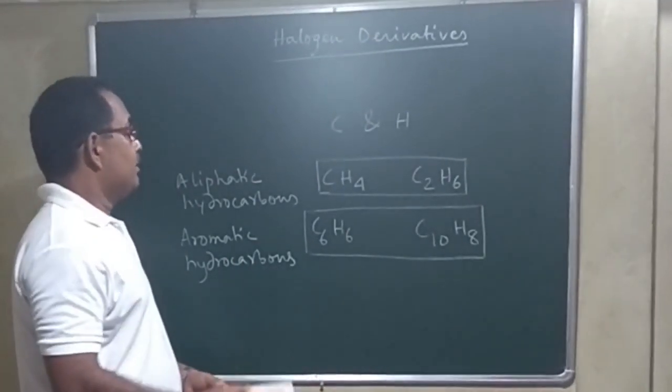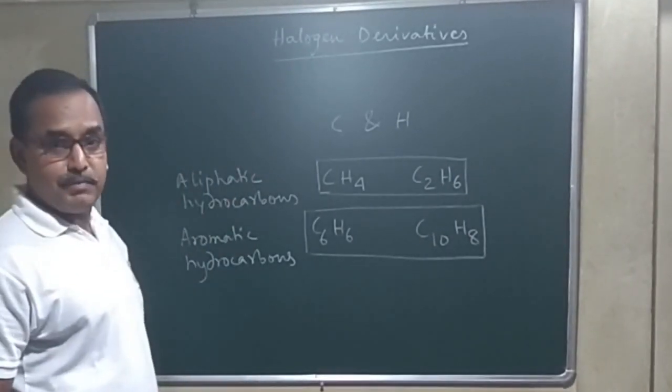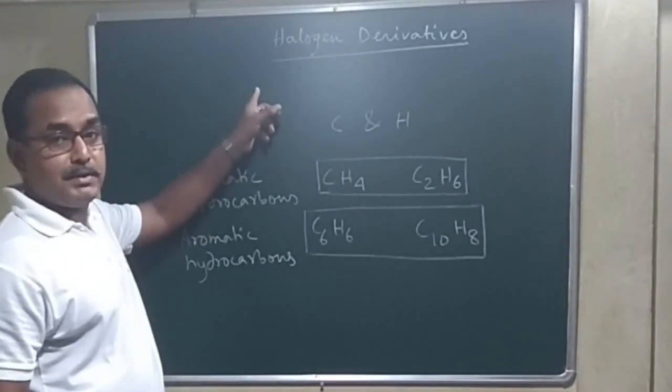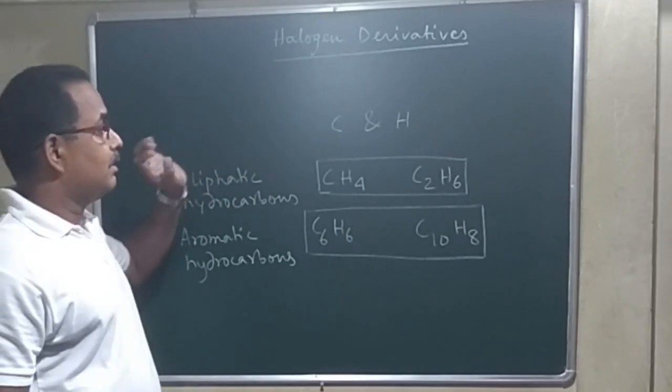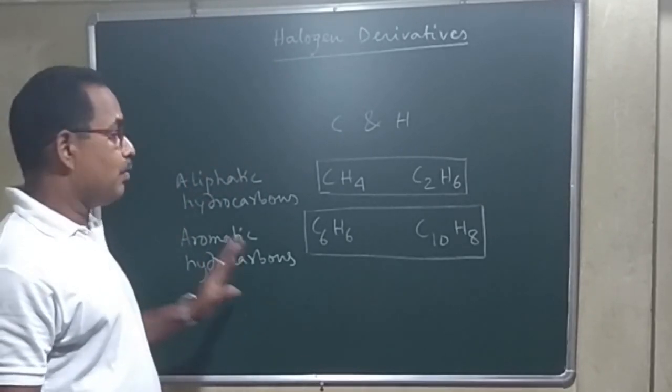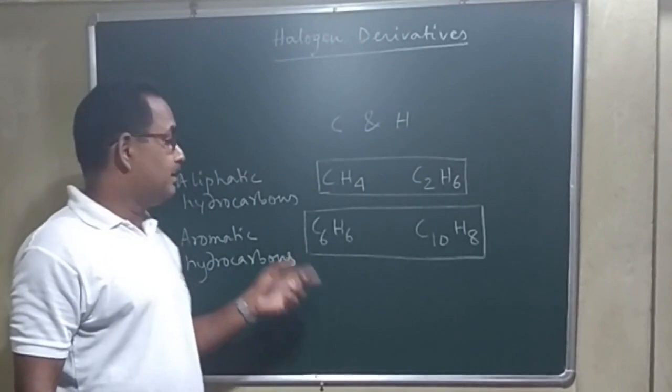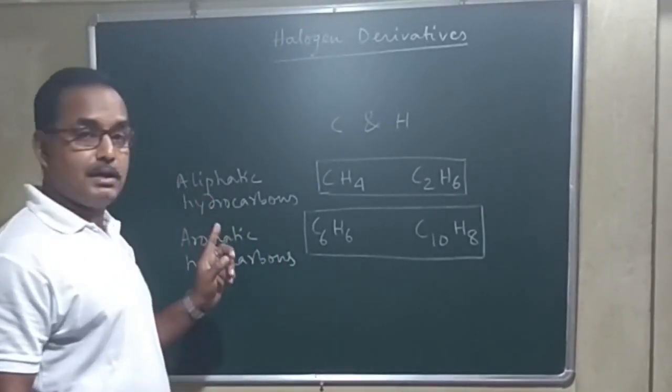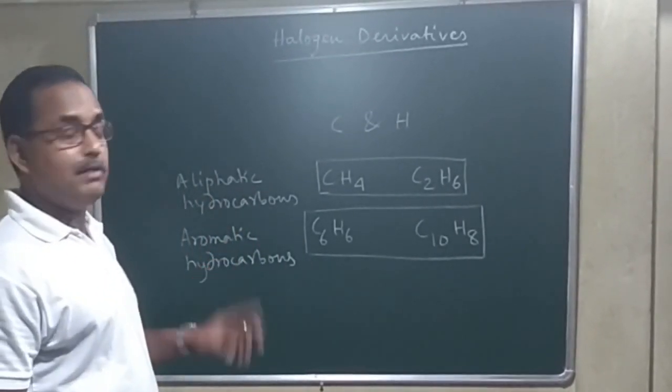Okay, so what are halogen derivatives? In halogen derivatives of organic compounds, one or more hydrogen of the hydrocarbon is replaced by halogen.